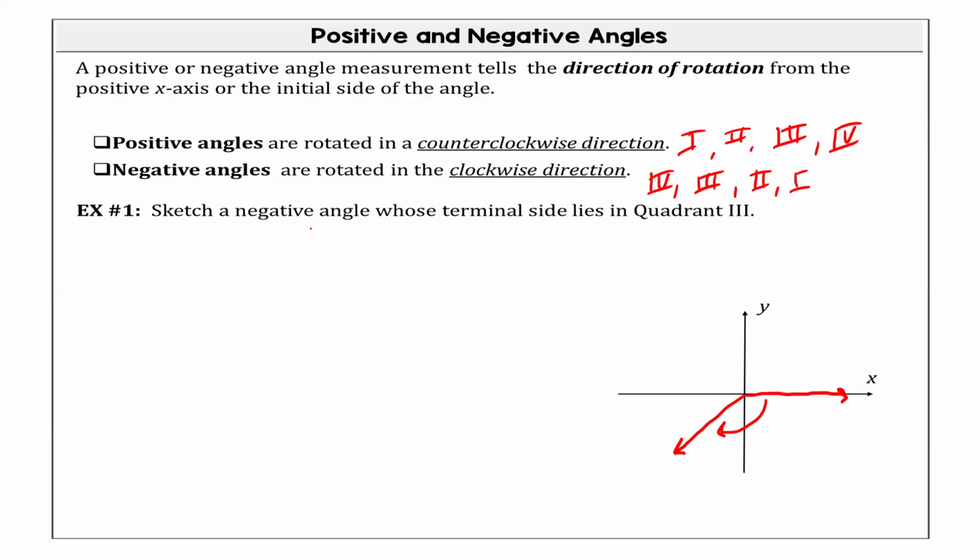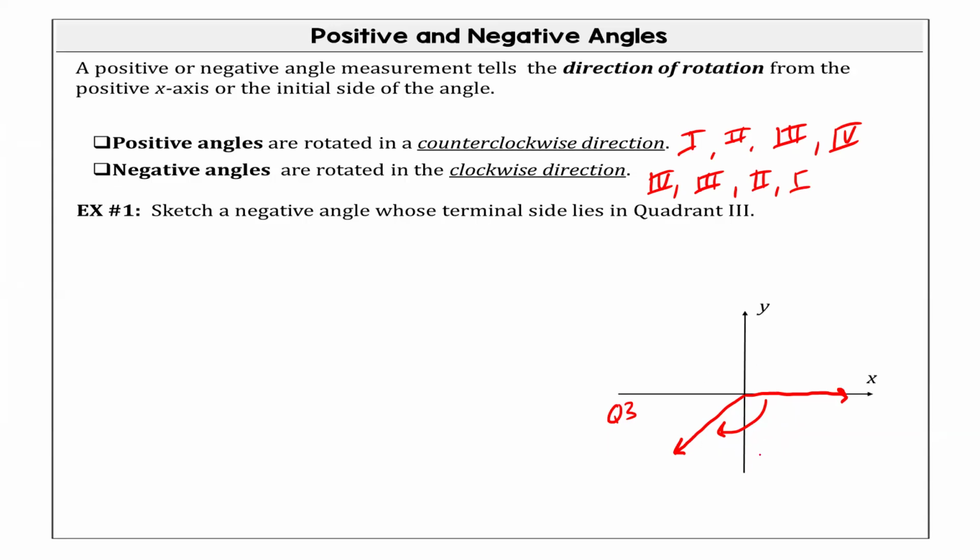It said sketch, so you can draw any. There's no measure. I'm in quadrant 3, right? So my initial side stayed and my terminal side ended in quadrant 3, correct? This is a negative angle because I rotated clockwise. I went 4, 3, 2, 1.